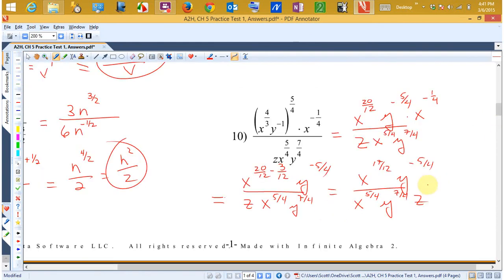Okay, so we're going to take the numerator, the x to the 17/12 minus the 5/4, which you're going to change to a denominator of 12, so that would be x to the 17/12 minus 15/12.